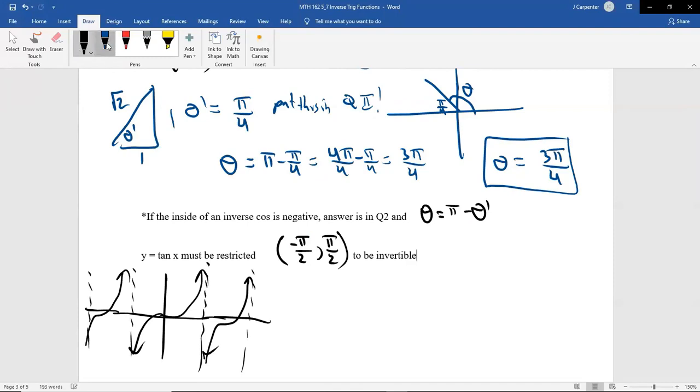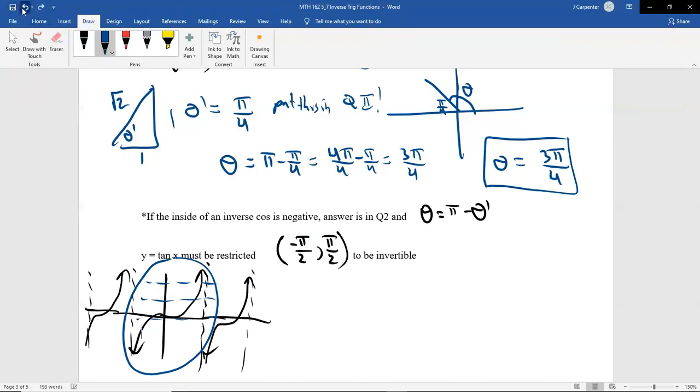You can see that this would fail the horizontal line test miserably. So you've got to trim it down. You just use this section right there, which would be the perfect trimming, because it will pass the horizontal line test if you ignore my poor artistic ability where it humped over right there.